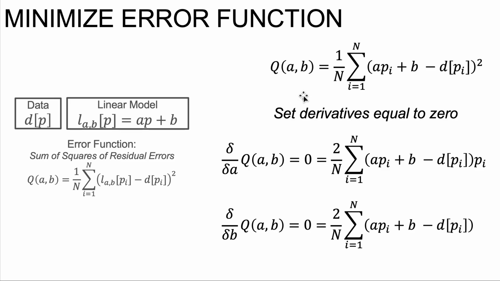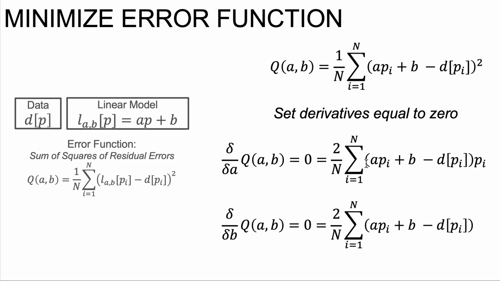What's the general strategy as you learned from calculus in multiple variables? The strategy is to take the partial derivative of Q with respect to variable A and variable B and set those partial derivatives to 0. Once you do that, in particular for this linear model, which we'll also talk about in a subsequent video, we then have a linear system of equations in A and B. Here we have, in fact, two equations and two unknowns.